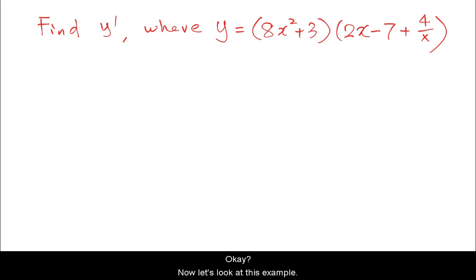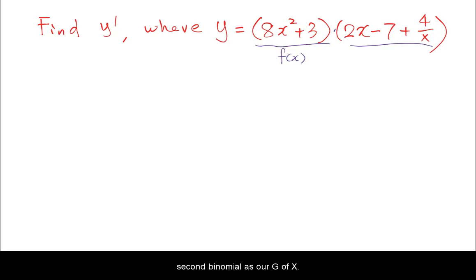Okay, now let's look at this example. Find the derivative of y, where y equals 8x squared plus 3 times 2x minus 7 plus 4 over x. Obviously this is a multiplication, and we can consider the first binomial as our f of x, and the second binomial as our g of x.